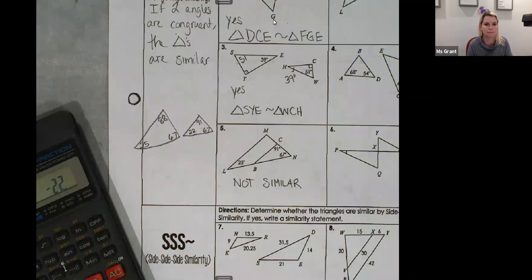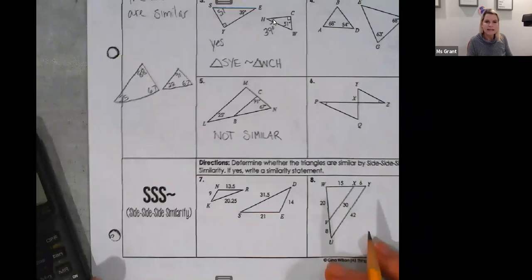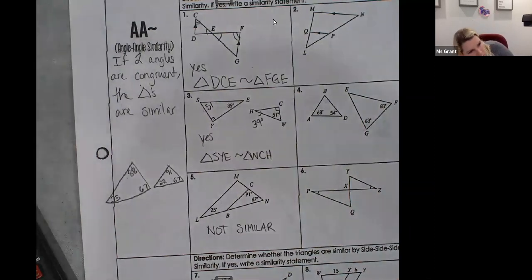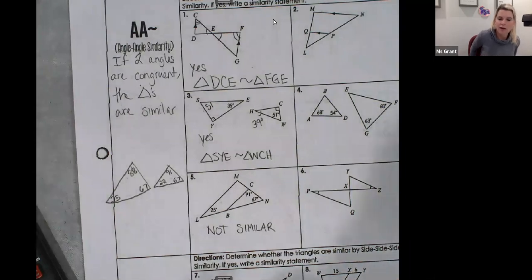Okay. So that's angle, angle. There's 3 examples. 2 of the angles have to be congruent, and then the triangles are similar.